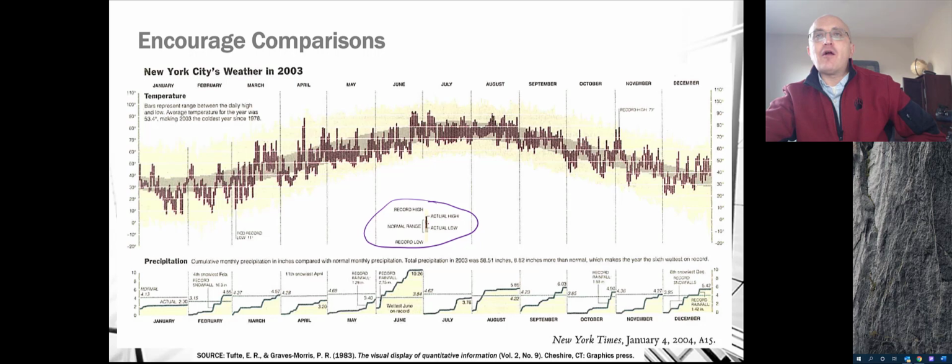The gray color represents the normal range, in other words, kind of the average. And the maroon is the actual values in 2013, the actual high and actual low on that day.